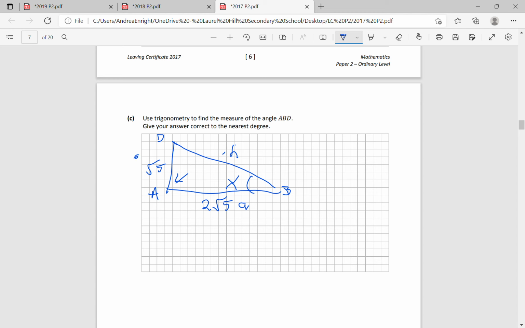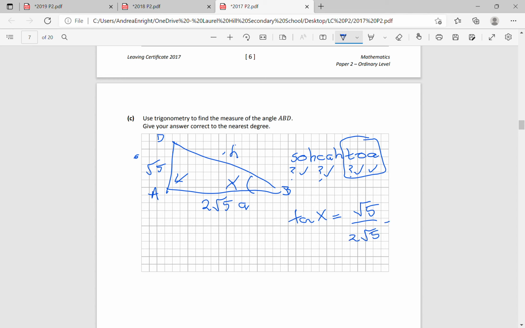Okay, so then you write down SOHCAHTOA. You're looking for sine, cos, or tan, because you're looking for the angle. So sine, cos and tan all get a question mark because that's what you're looking for. You know the opposite, and you know the adjacent. So you're using tan, because that's the one with the 2 ticks and the question mark. So it's tan of the angle x is equal to the opposite, which is root 5, over 2 root 5.